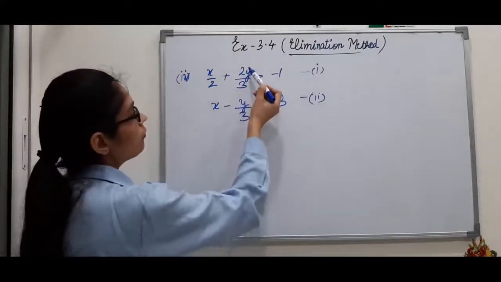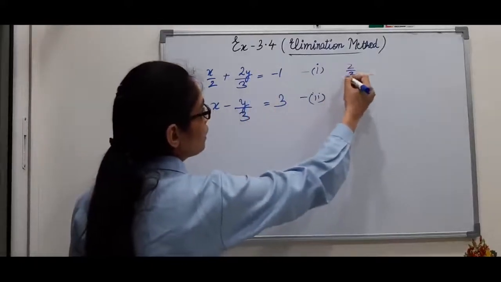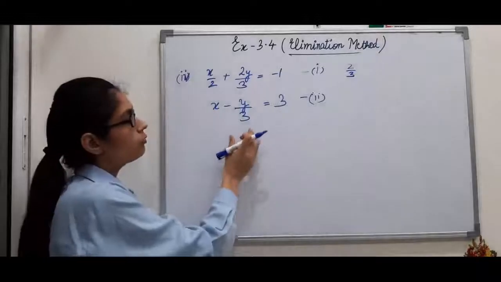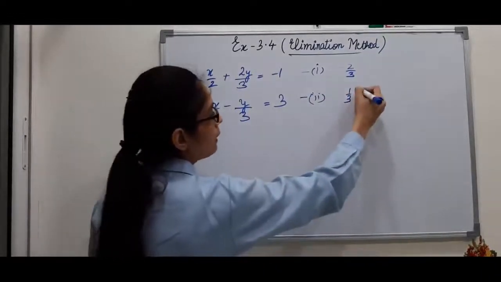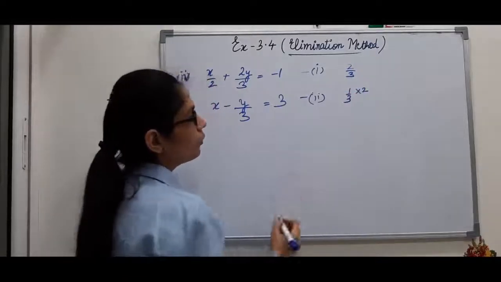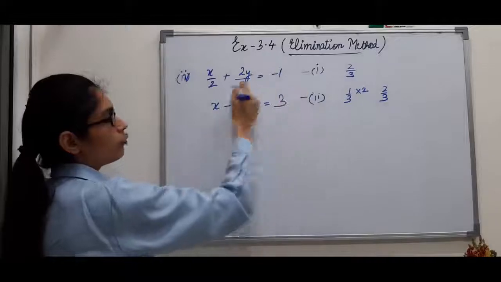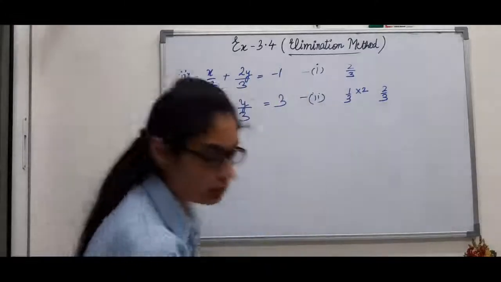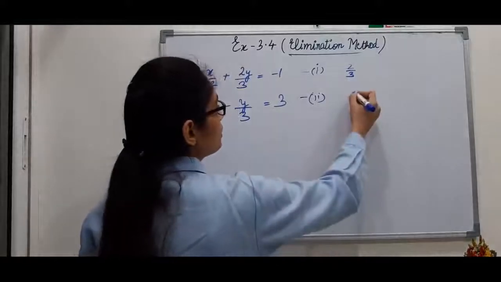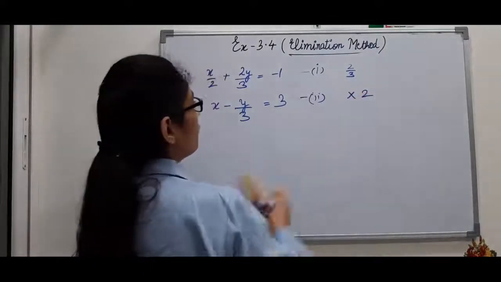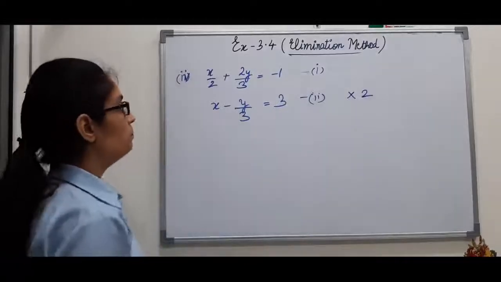Here the coefficient of y is 2 by 3, and here it is 1 by 3. If I multiply 1 by 3 with 2, I will get 2 by 3, which means I have to multiply this equation with 2. Then the coefficient of y in both equations will be the same.